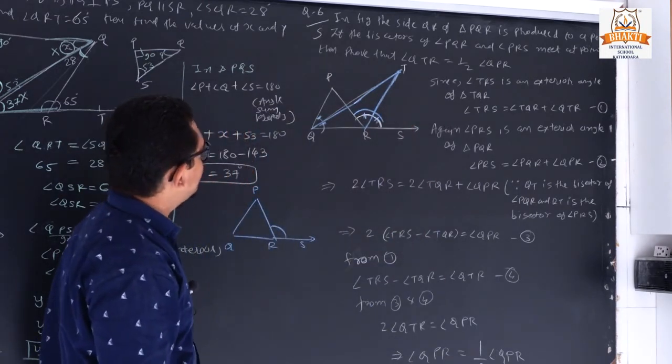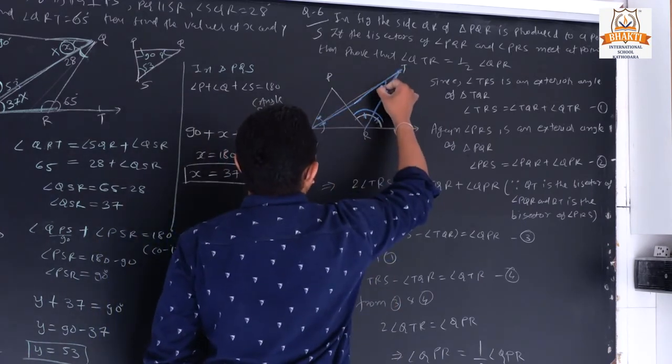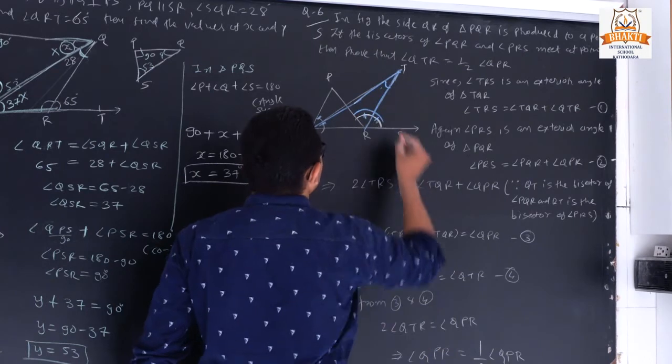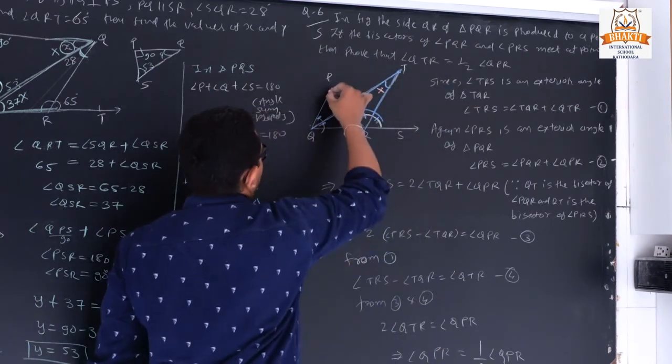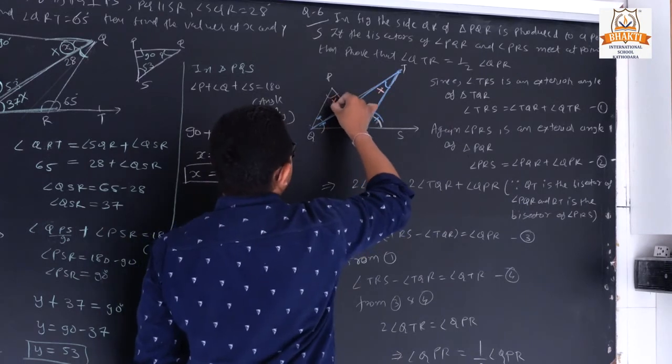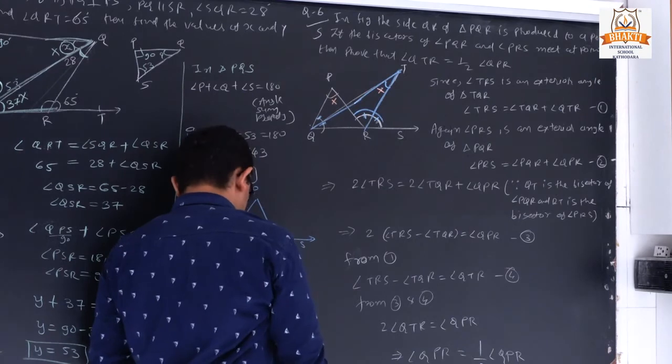So prove that angle QTR is equal to 1 half of QPR. So we need to prove the relation between these two angles. How can we start?